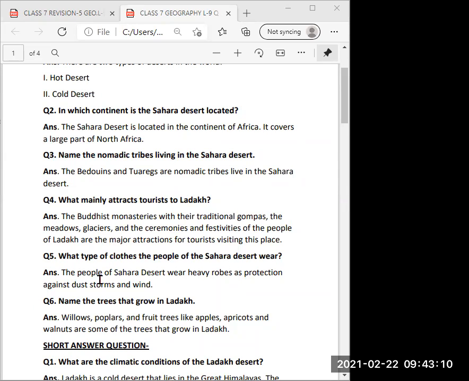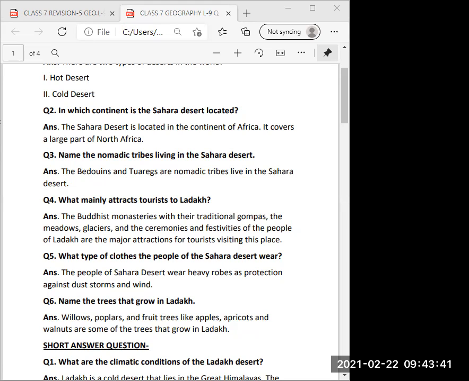Next is, what type of clothes do the people of Sahara Desert wear? As Sahara Desert is a hot desert, very hot climate is there. So what type of clothing do the people wear? They will not wear woolen clothes because it is very hot. The Sahara Desert people wear heavy robes to protect from dust, storms, and wind.